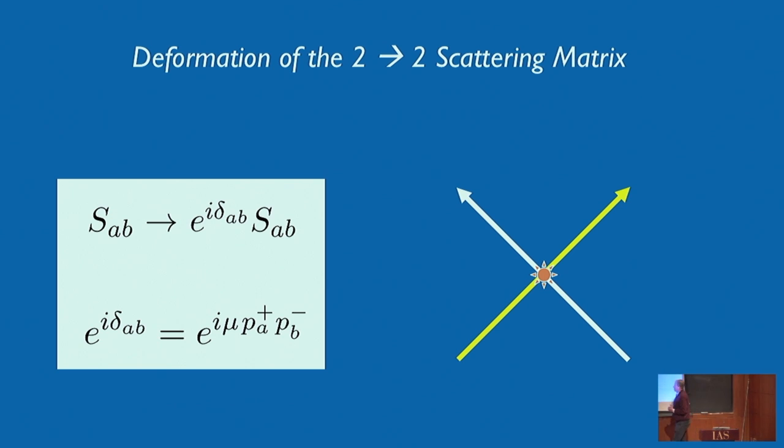Then there's a deformation of the 2D QFT with what's called a CDD factor, where you change the factorizable two-particle S matrix by adding a particular phase. But that phase is momentum dependent, and it essentially tells you that the left movers and the right movers are interacting with a shock wave.